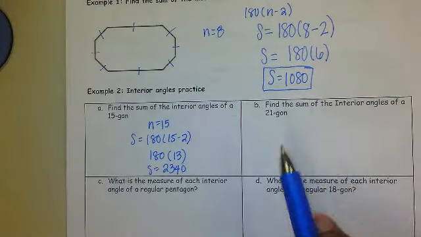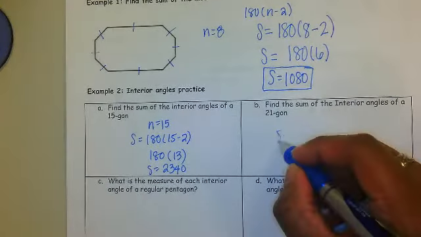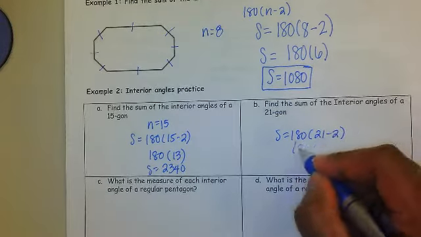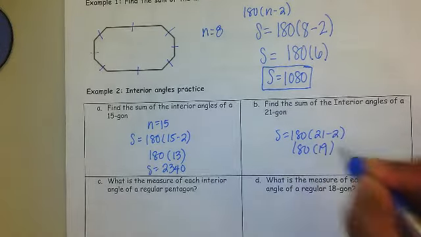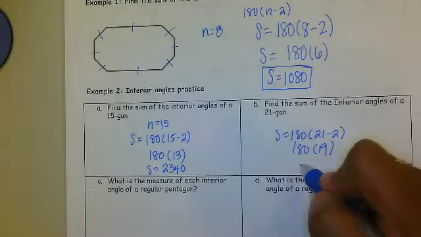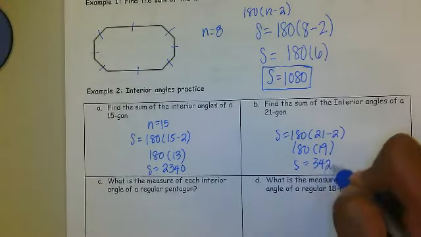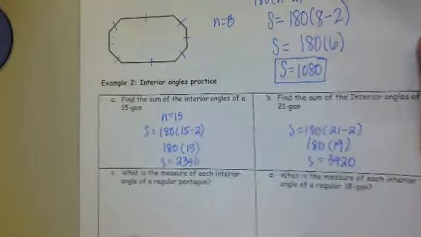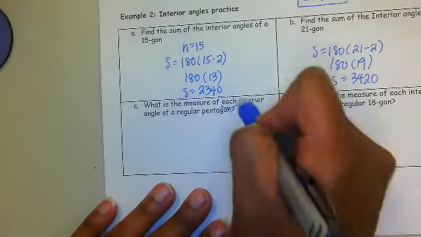Find the sum of interior angles of a 21-gon. Sum equals 180 times 21 minus 2, 180 times 19, and that gives me 3420.